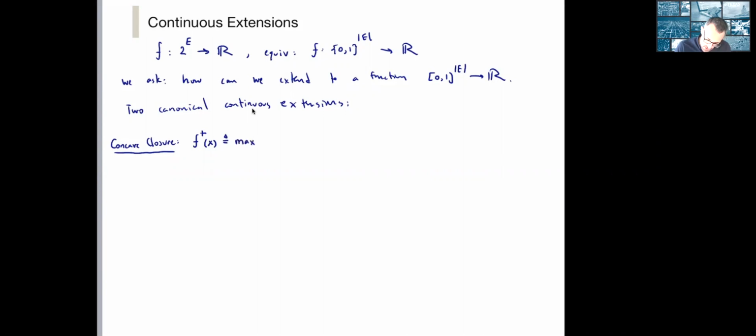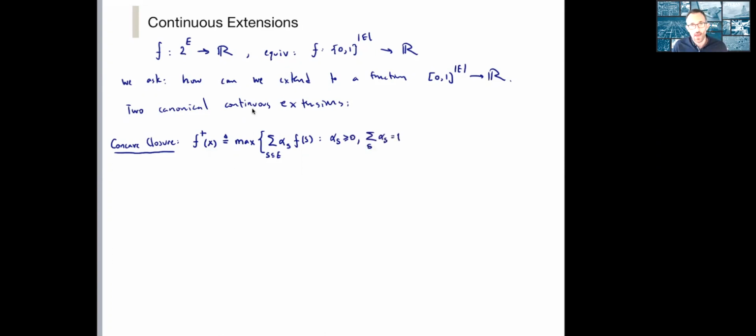So it is the maximization of the sum of alpha s f of s, where s ranges over all subsets of E, and alpha s is essentially a probability distribution over all of these subsets. So what does it mean? What is required to make alpha into a probability distribution? I need to have it sum to 1, and I have to have each of the elements be non-negative.